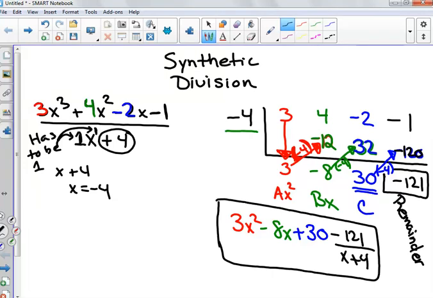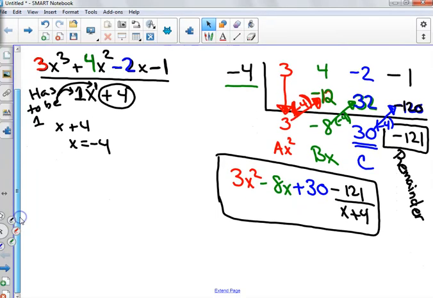Tomorrow we're going to continue to practice both ways, and that's what we'll be doing in class tomorrow. Hopefully you guys take some notes on this, and if you would like to try, you can try to do these two problems. There's more space. Try this one using synthetic division.